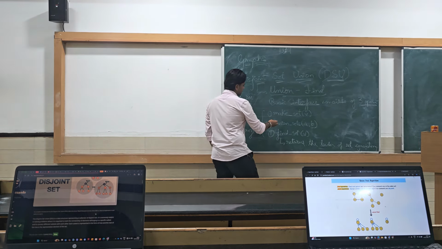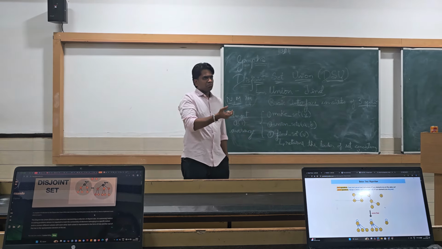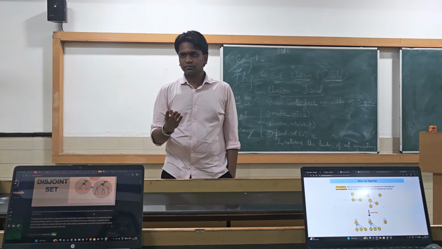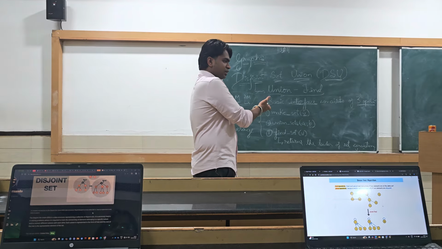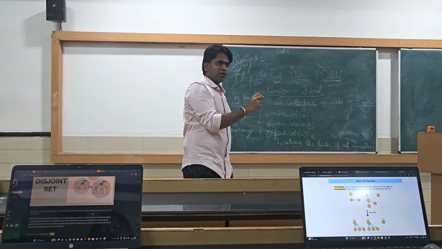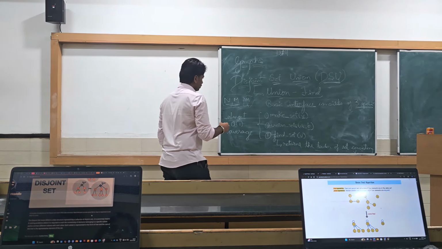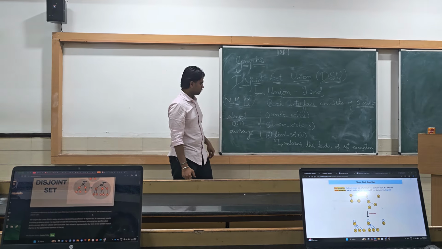So make set means creating a set with vertex v as the leader. Just try to understand this: make set v, what does this function do? It creates a set wherein v is the leader of that set. Once we look at the application on graphs, it will be very clear.